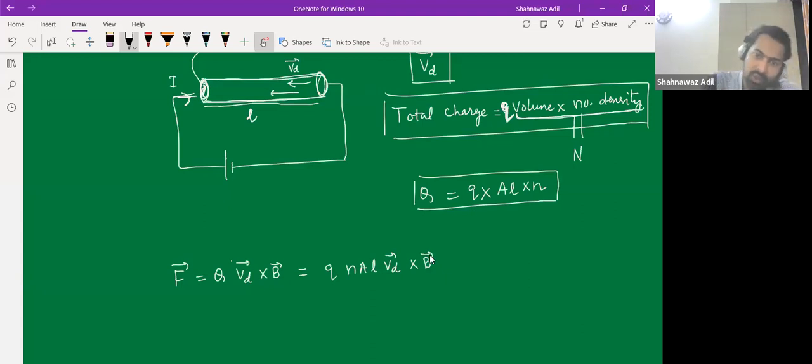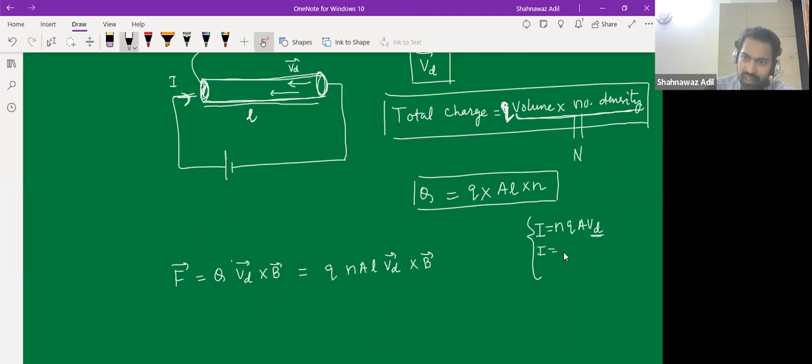Okay. So if I ask you, what is N Q A Vd? What is this? Current I, yes, absolutely correct. So we learned about the relation between current and drift velocity. Good, so this means that you are revising.